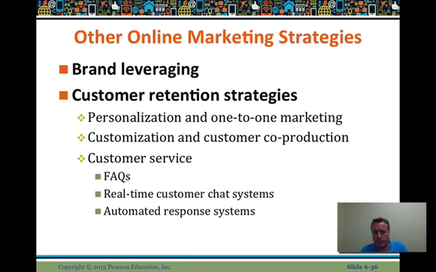So, classic online marketing strategies: leveraging your brand, customer retention, driving one-to-one marketing. Okay, you, Mr. Joe consumer or Sally consumer, what's of interest to you? You're looking for a blue shirt. Okay, now we want to sell you blue pants. That's something that's very specific to you.